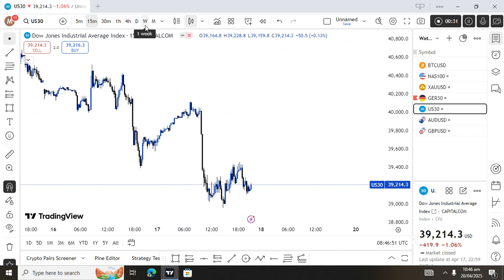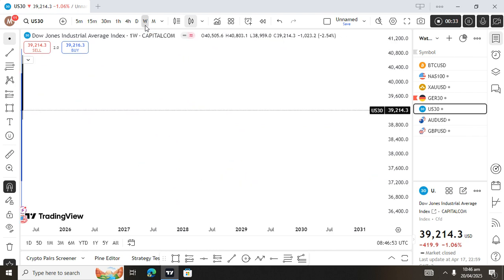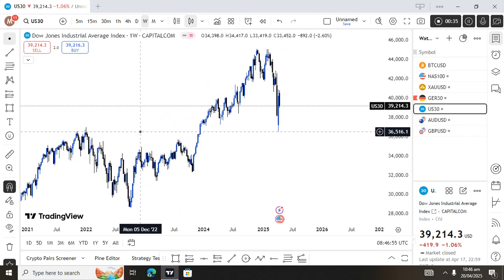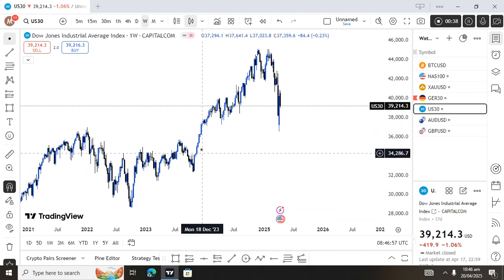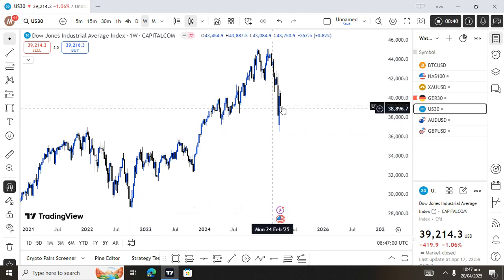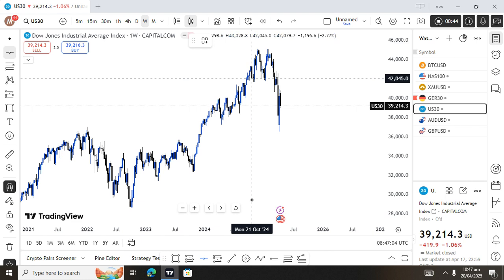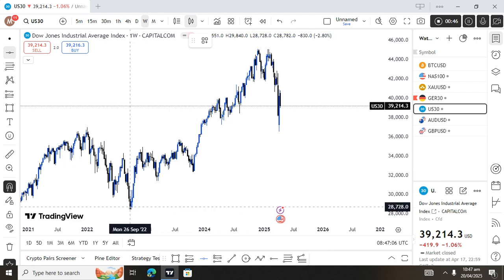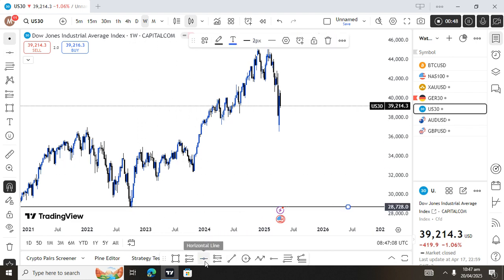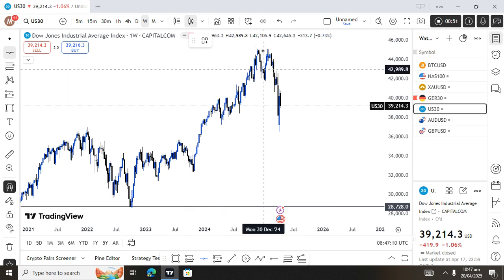I normally start on the 1 week time frame so that I can see the overall market, how it has been moving previously. So the first thing that I will do, I will mark my low, which is this one, and second thing to do, I'll mark my high.